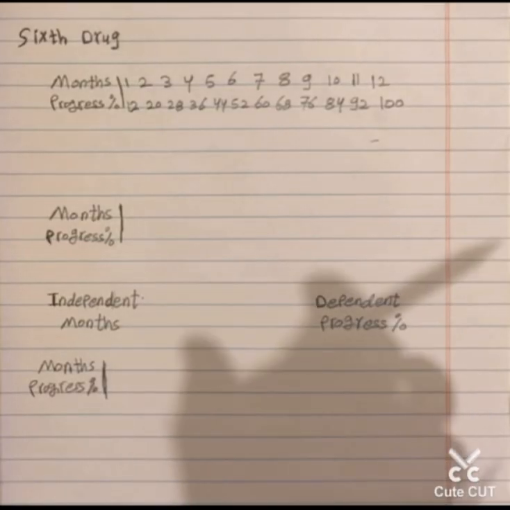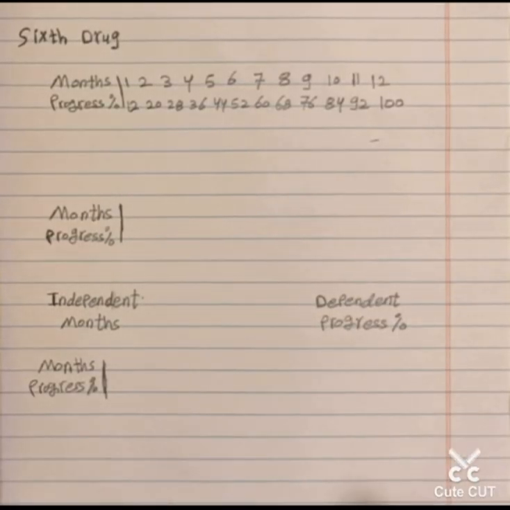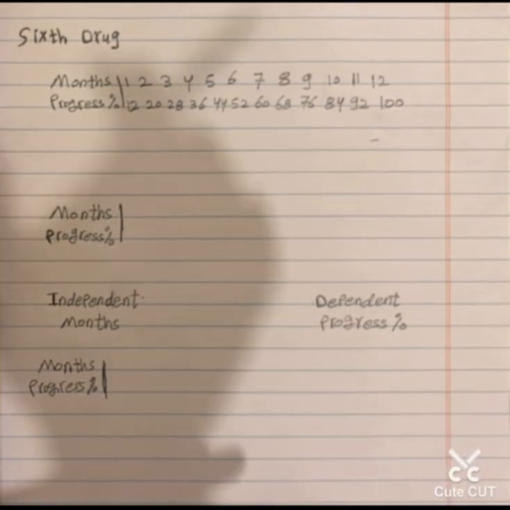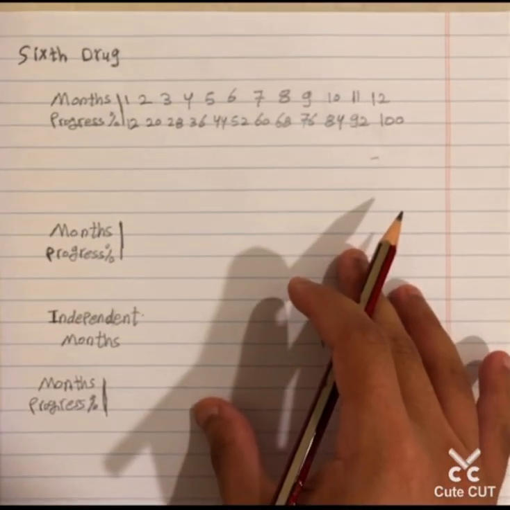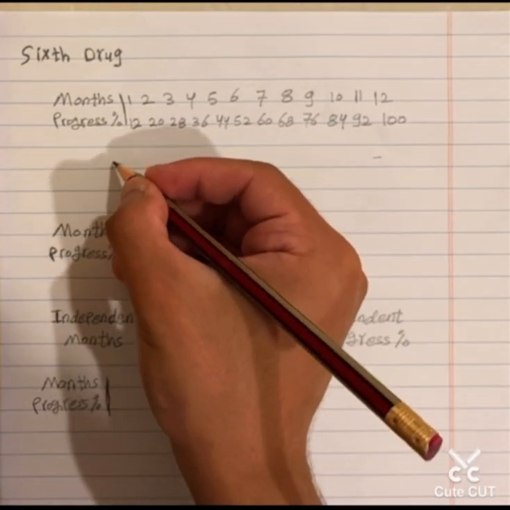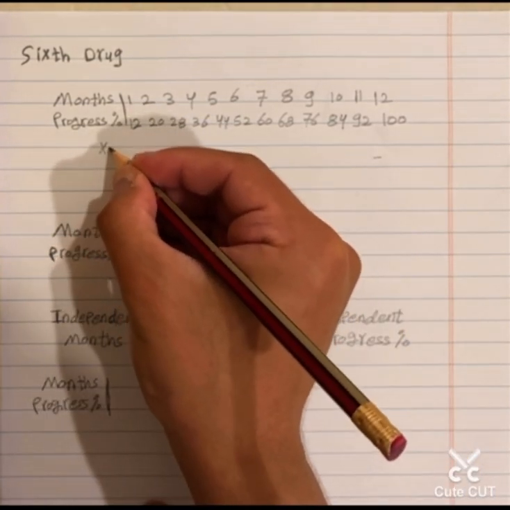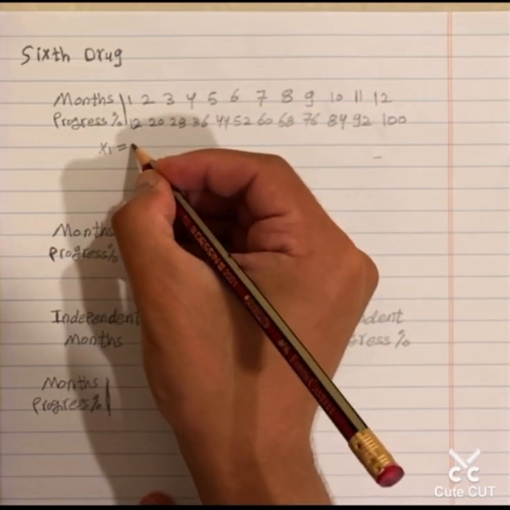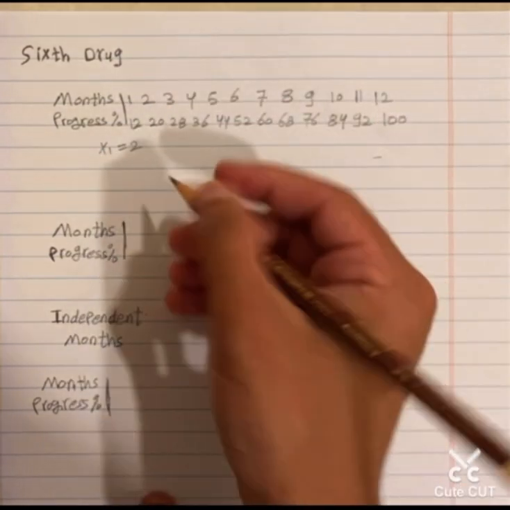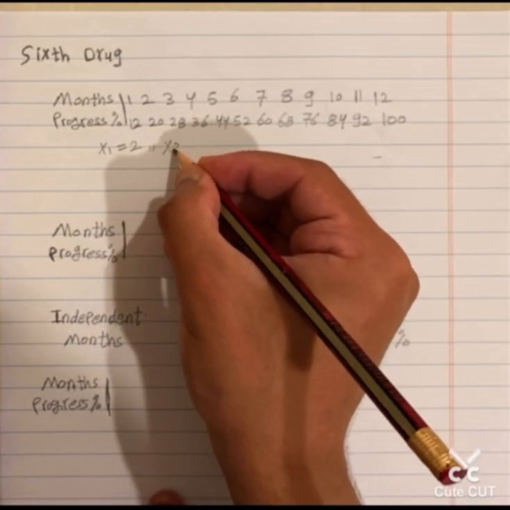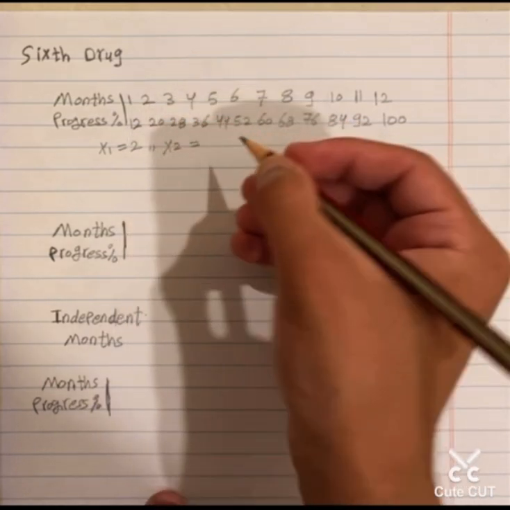And now I will show you how to find the equation for a perfect linear example and for a closer enough linear example using two-point linear interpolation on a pen and paper. So we will take 2 points. x1 will make x1 equal to 2 because x is the month, and we'll make x2 equal to 3.